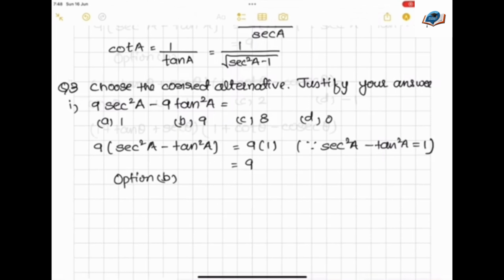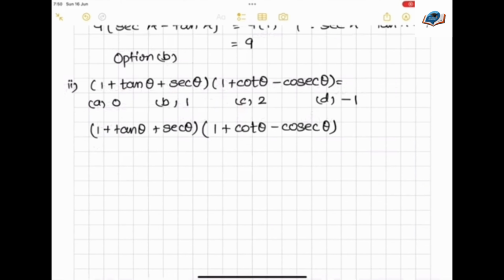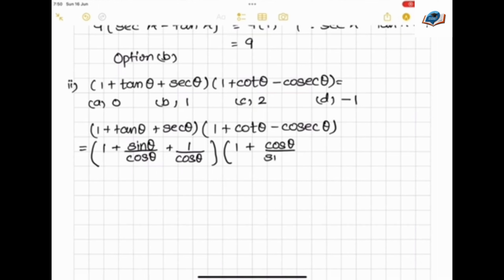Now second one says 1 plus tan theta plus sec theta into 1 plus cot theta minus cosec theta equal to. So first I am converting everything in sine and cos. So 1 plus sine theta upon cos theta plus 1 upon cos theta into 1 plus cos theta upon sine theta minus 1 upon sine theta.